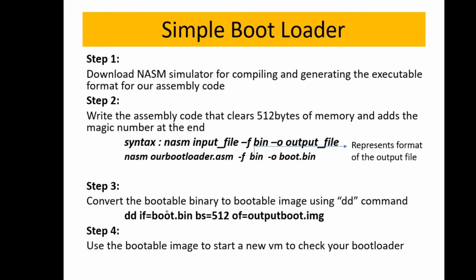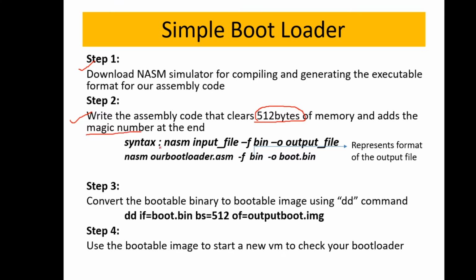So now let us start with how to write a simple bootloader. So far we have seen the basic terminologies associated with the bootloader. First, step 1, download the NASM simulator for compiling and generating the executable format for our assembly code. First, download it and then install it. Second, we are going to write the assembly language code holding 512 bytes of memory, and we are going to add the magic number at the end.